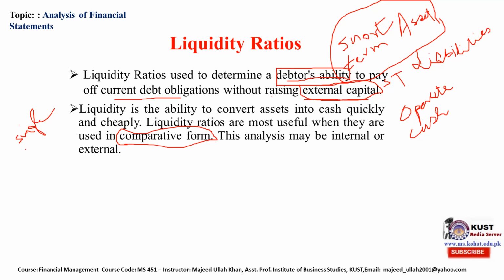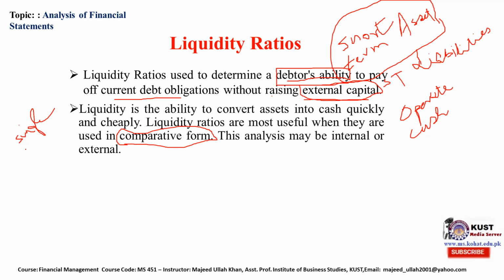For example, if we analyze Quartz Cement Factory's current liquidity ratios, and we interpret its ratio solely with its past, in trend with its past years, it will not be enough.